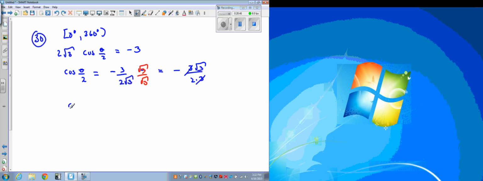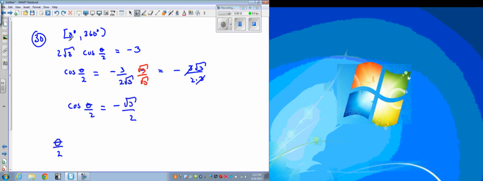So what we have is the cosine of theta over 2 equals negative square root of 3 over 2. And notice, we're going to be finding values of theta over 2. So what this has to be is halfway around, right?